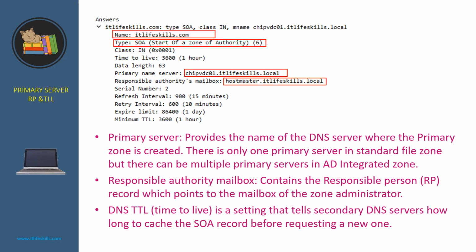DNS time to live is the setting that tells secondary DNS servers how long to cache the SOA record before requesting a new one. Based on the time to live, OPVDC01 will store the SOA record in its cache for 1 hour before requesting a new one.